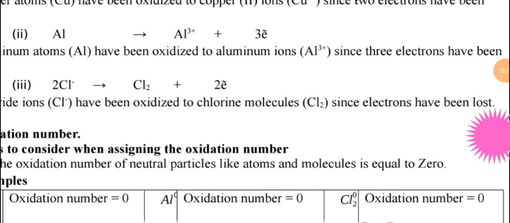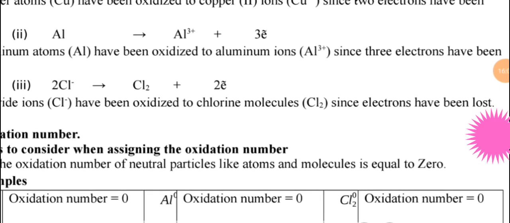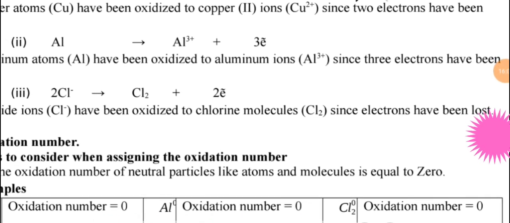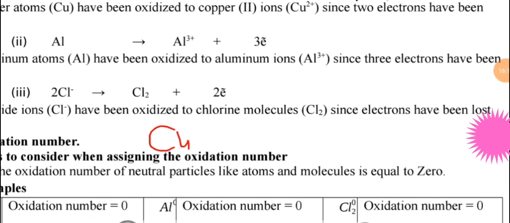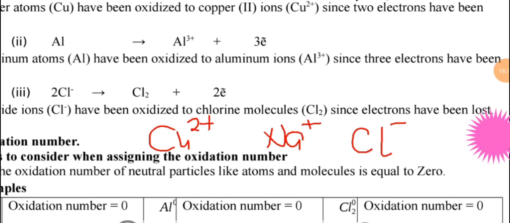The charge. We understand that we may have the charge, for example, we have copper 2 positive, we have sodium positive, we may have chloride negative.